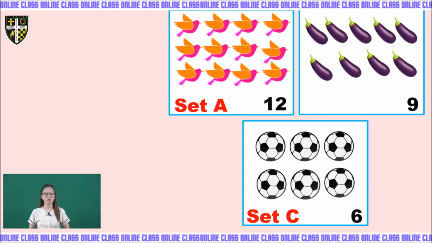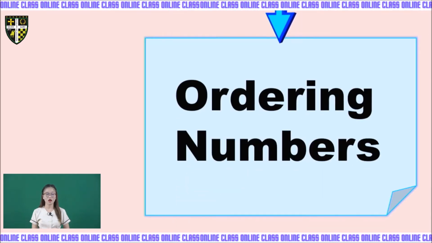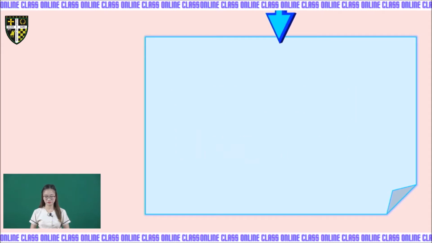Okay, so kids, later on we will use that one. So because our topic for today is all about ordering numbers. When we order numbers, kids, we need to identify which one has the highest objects and which one has the lowest objects.